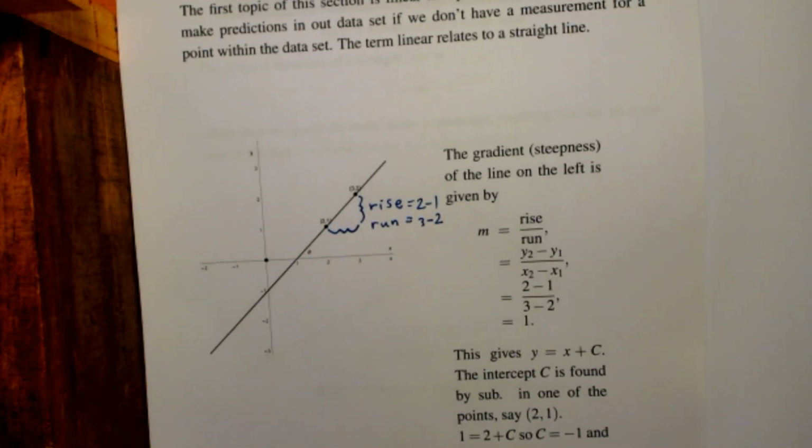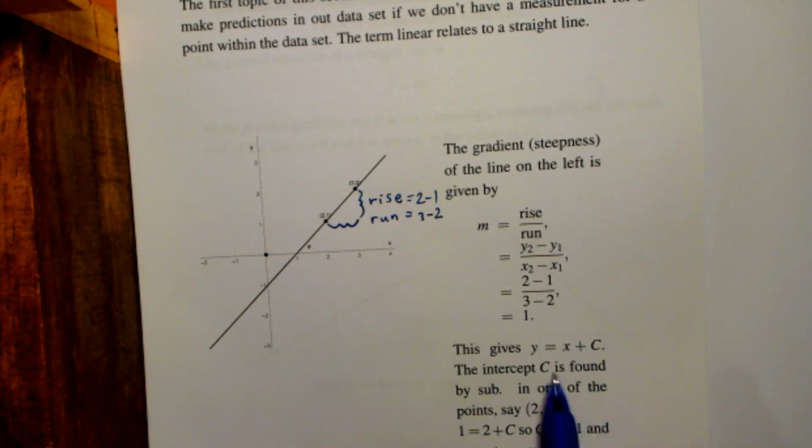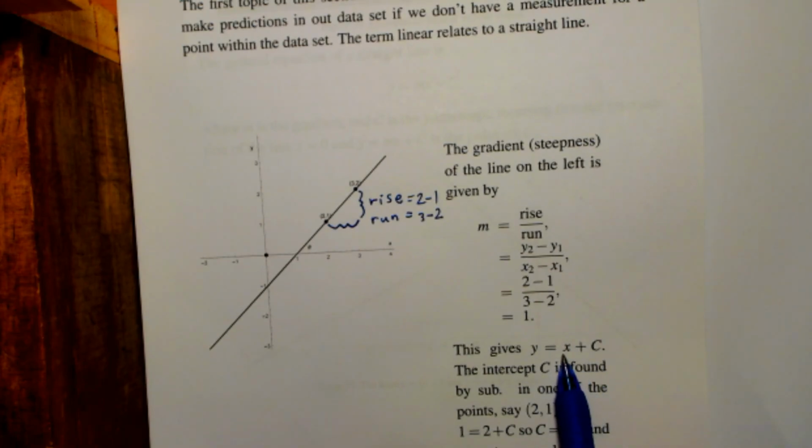Alright, so what this gives us is the slope, but then we have from that y equals mx plus c, and the m is equal to 1. So we now have y equals x plus c. The intercept c is found just by taking one of the points and subbing it into this equation and solving for c. For example, we could take (2, 1), sub x is 2 and y is 1 in there, and solve for c to get c is minus 1.